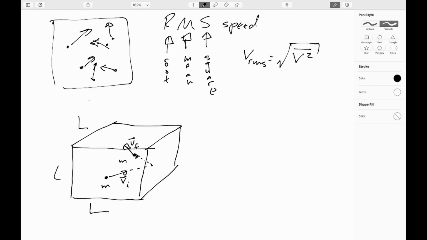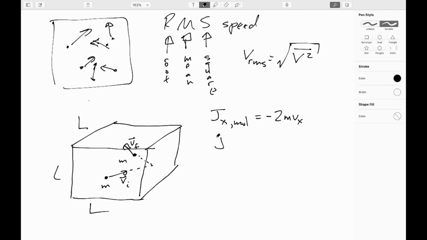All right, now from this we can figure out what the pressure in the box is. So we can take a look. The molecule here would have felt an impulse in the x direction by the impulse momentum theorem. The change in momentum, which was mv sub x to the right for the x component, and now it's minus mv sub x going to the left, was minus 2 mv sub x.